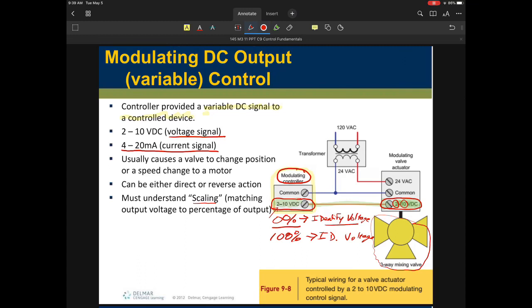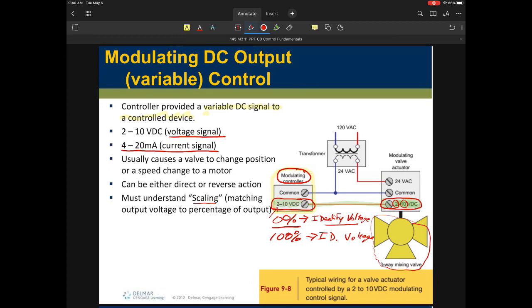The 4 to 20 milliamp, I want to touch on that a little bit. The 4 to 20 milliamp is a DC current signal. For testing a signal out of a controller into a control device, with a voltage signal you really just want an electrical meter that can measure a small DC voltage, and it's really simple.